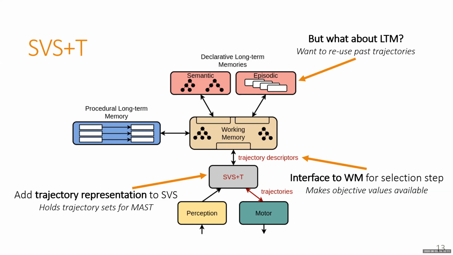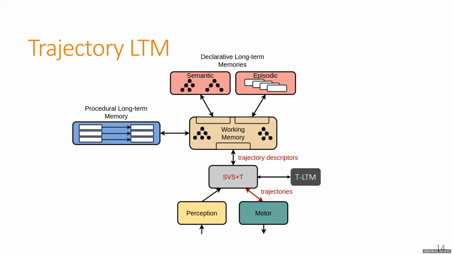The last thing is, you may be remembering that I said we wanted to reuse past trajectories. And so that gets us into the territory of long-term memories. That's some new work that we've just started talking about, but there will definitely be the addition of a trajectory long-term memory for SVS+T to interact with.